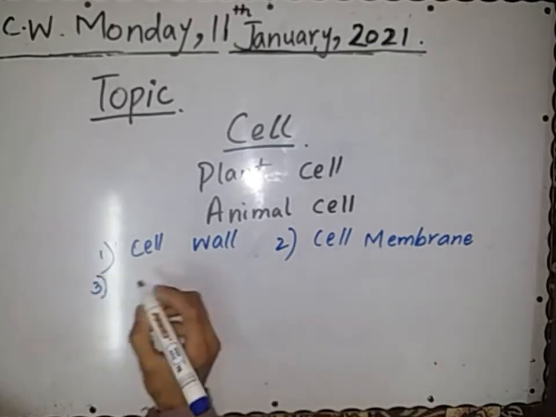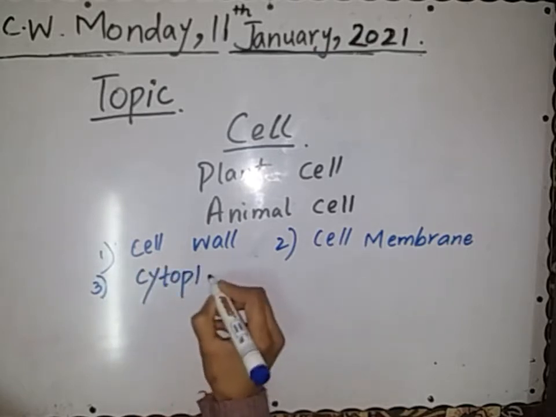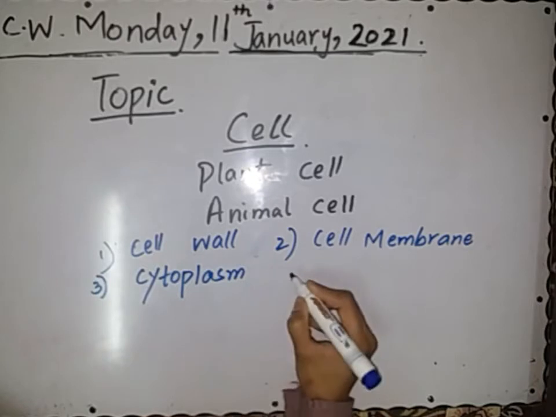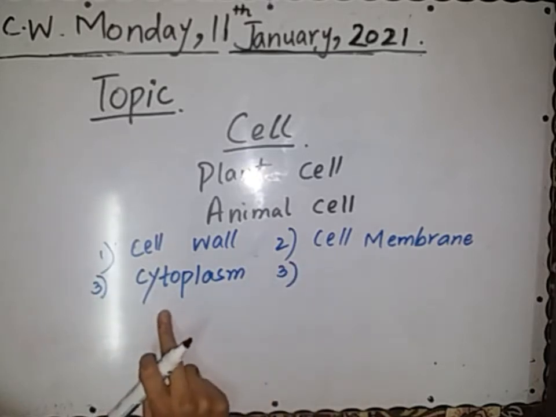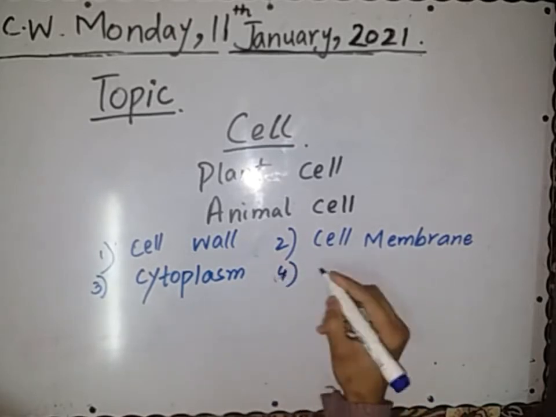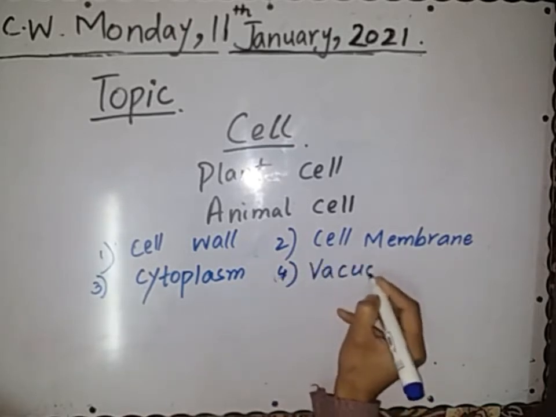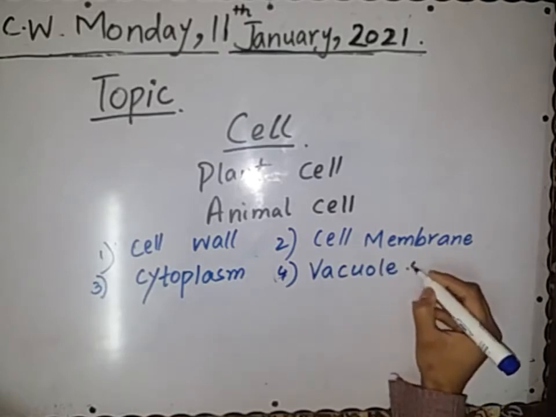And another organelle is cytoplasm, which covers this cell. It is a jelly-like substance which covers the entire cell. Next is vacuole, which stores the food and the particles.